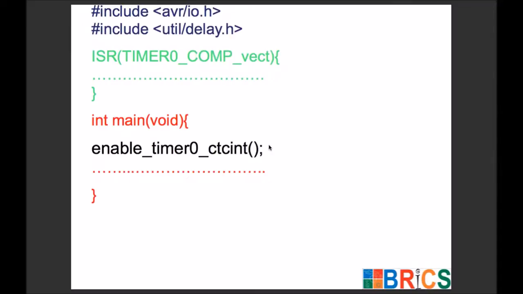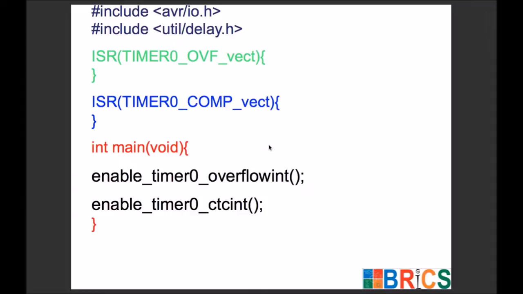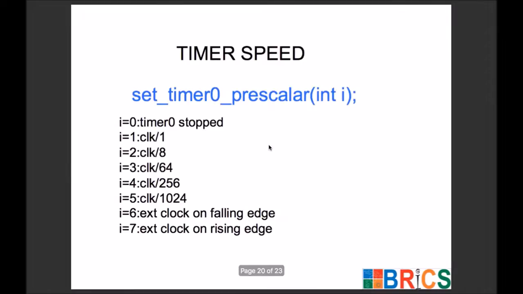Now this is the ISR for compare match interrupt. The vector name is TIMER0_COMP_vect, and to enable it we need to type enable timer 0 CTC INT. If we want, we can enable both interrupts at the same time. Here you can see we have created ISRs for both the interrupts and we have enabled both.